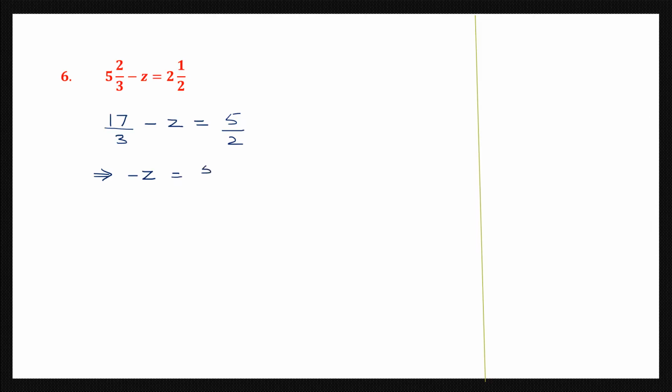Minus z is equal to 5 by 2. Now minus 17 by 3. Because it's plus there, it becomes minus. Now let's solve for minus z by subtracting 5 by 2 minus 17 by 3. So we have to find the LCM of 2 and 3.